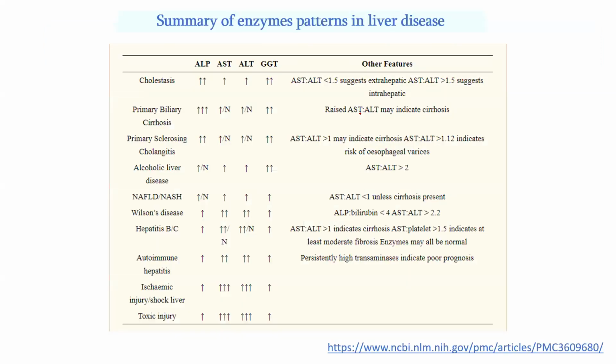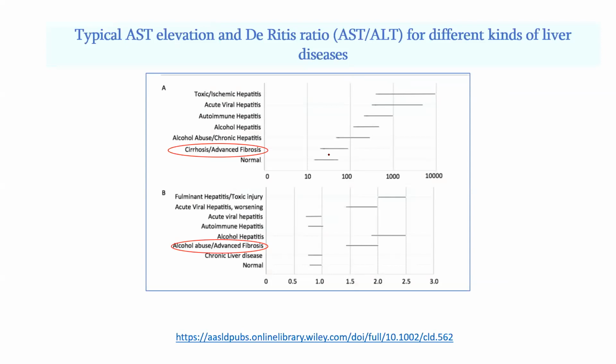And about level of transaminases, which also have important diagnostic value. If we have acute massive injury to hepatocytes, like in acute viral hepatitis, toxic or ischemic hepatitis, we have very high levels of transaminases in the blood.